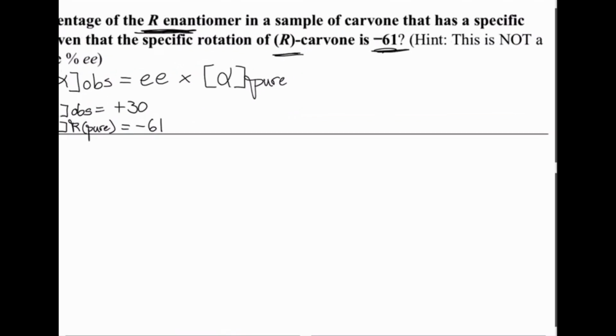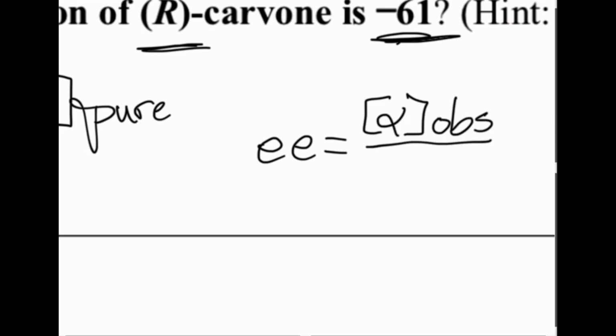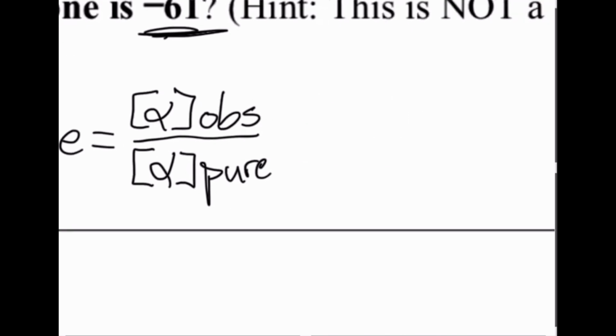So for this version, we actually are going to find our enantiomeric excess, which is our observed over our pure. We're going to take the absolute values, ignoring positives and negatives.